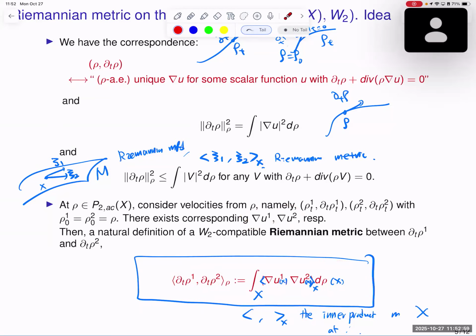There's only one manifold here, P2ac(X), and at rho you have two curves, given by rho 1 t and another curve rho 2 t.